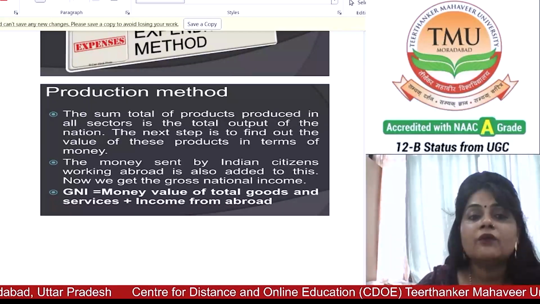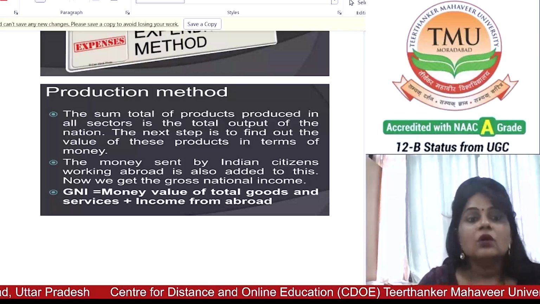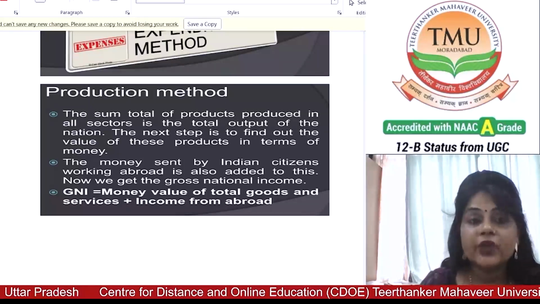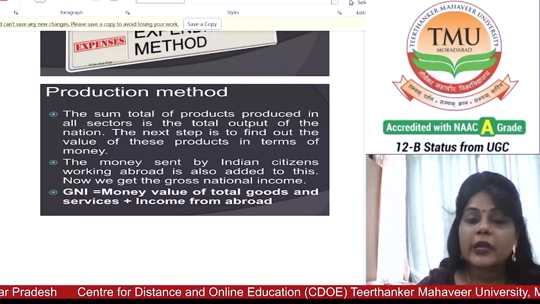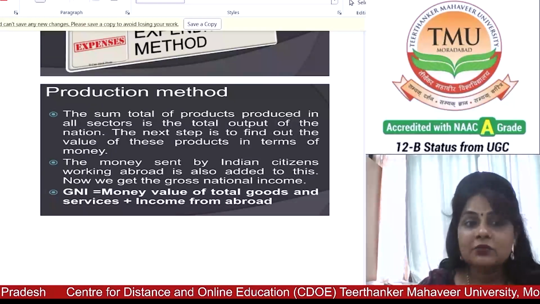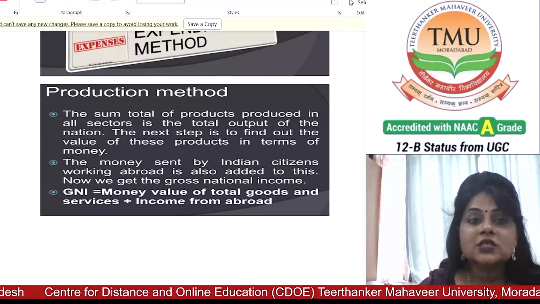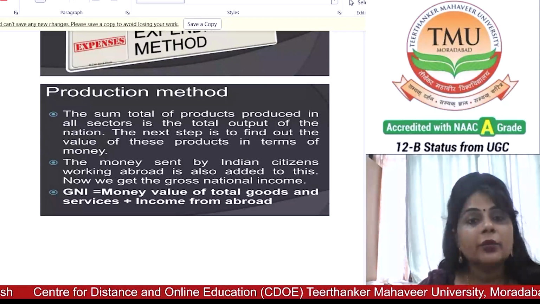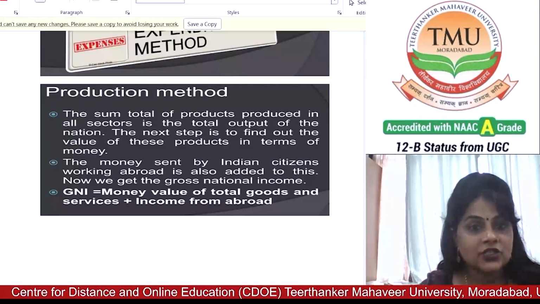Now the components of value added. The first is intermediate consumption. The value of the intermediate goods used during the production process to create the final product is intermediate consumption, and expenses on intermediate goods are known as intermediate consumption expenditure.